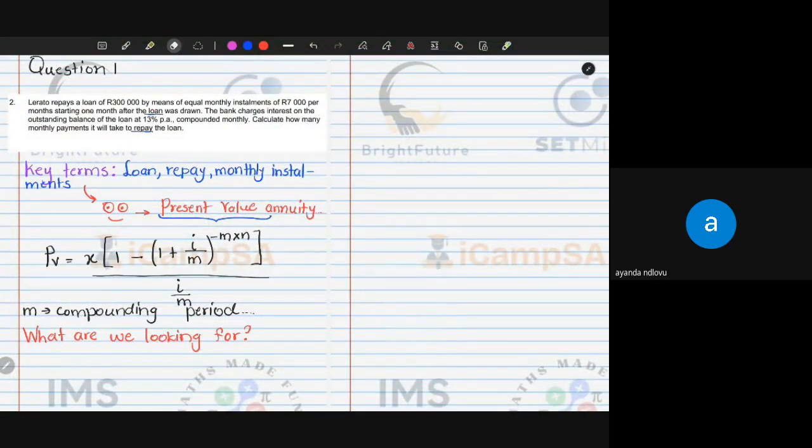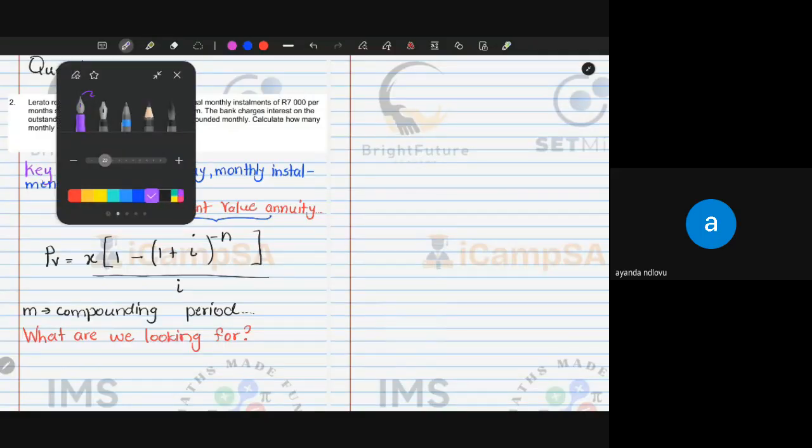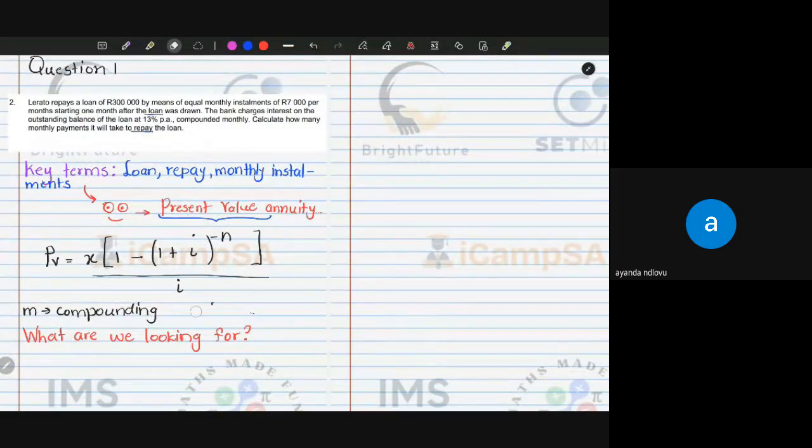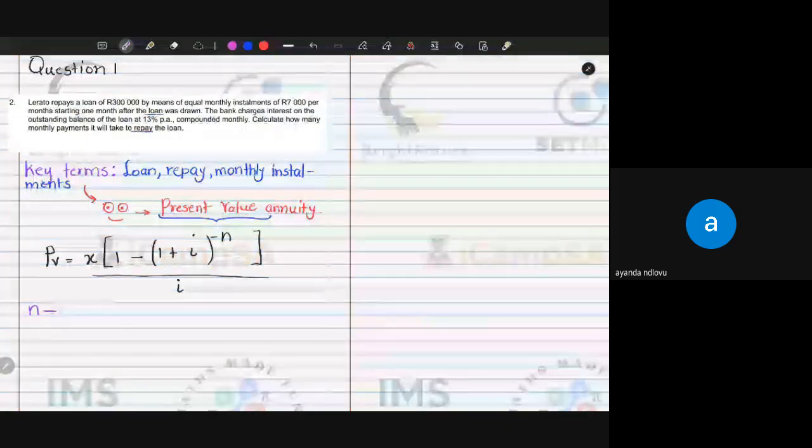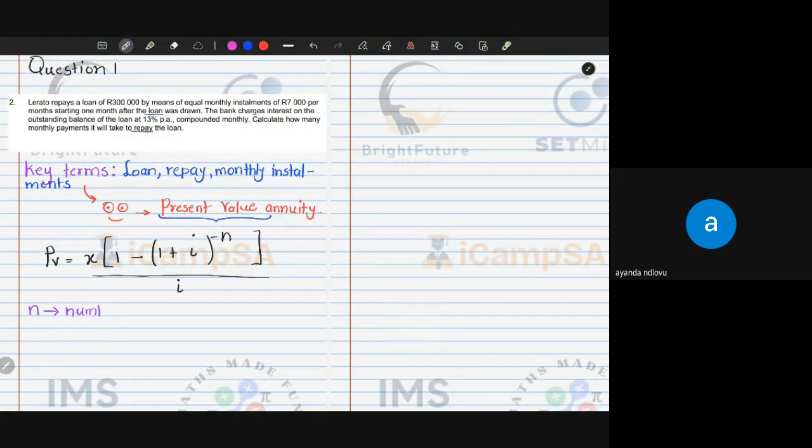So what happens with this formula, maybe let me revert to the previous one for the sake of this problem. Let me remove the m and leave it like this. So when we have the n like that, guys, what you should remember is that if we use this formula and not include the compounding period, the n here would be the number of payments made.